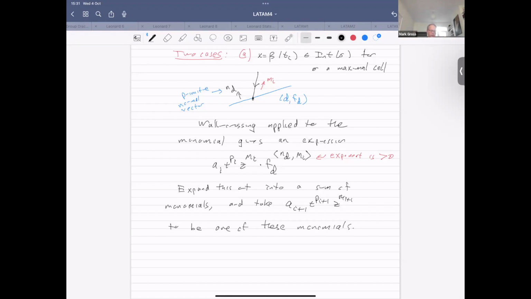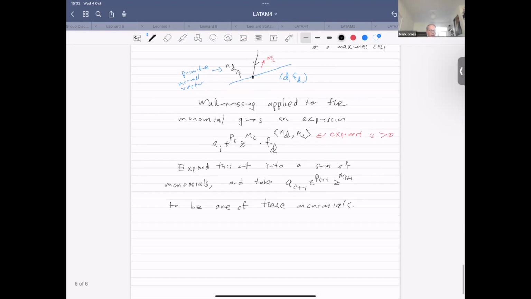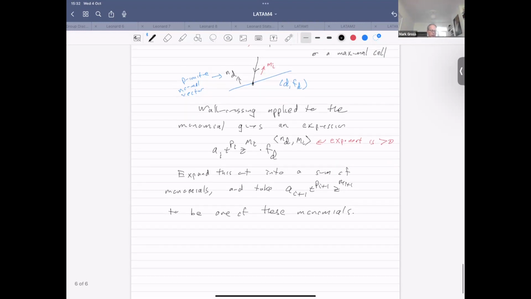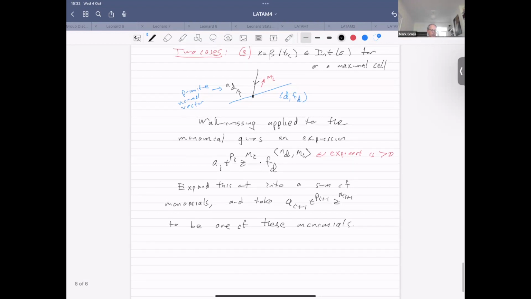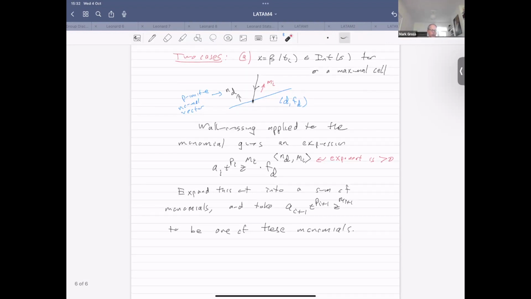Okay, that is a choice, but one of these monomials will appear as the next ray. So you might have many, many different broken lines based on these choices, and that's also important. So that's the case when we cross a wall inside the interior of a maximal cell.